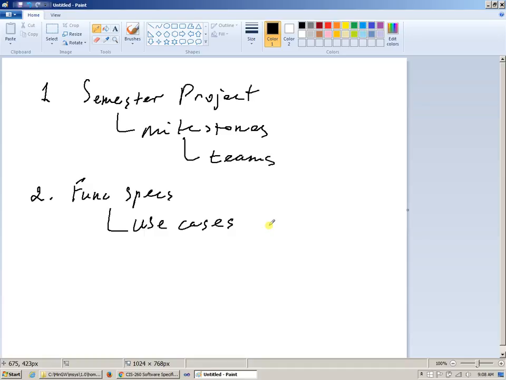Extremely important. I would say that this is a key to success. A set of use cases is a key to success for your project. It's either going to be really frustrating or really successful. And the success depends on how well these use cases are written, documented, understood by everyone, and they present no big surprises down the road. So this is very important.